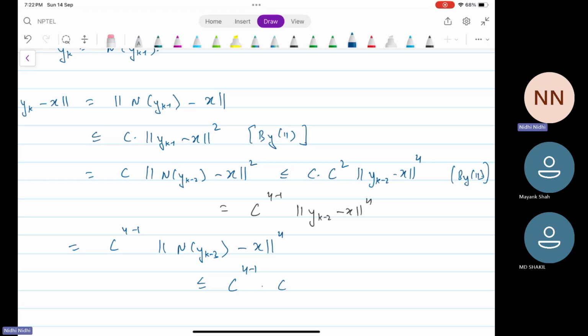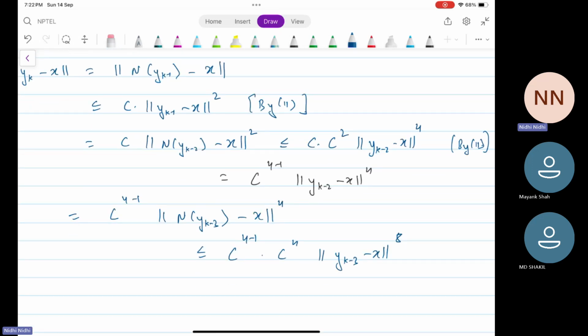Then we have c to the power 4, and this will be yk minus 3 minus x to the power 8, square to the power 4. So from here, I'll get c to the power 8 minus 1, yk minus 3 minus x to the power 8.